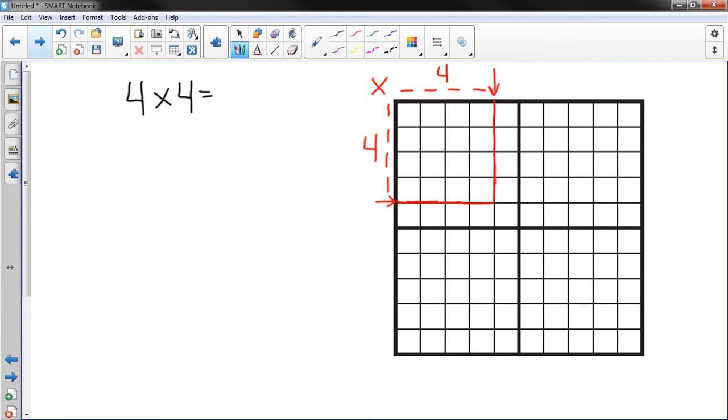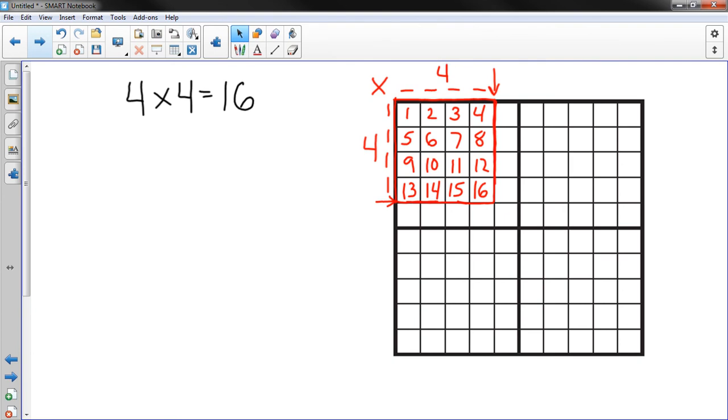So now I have a square, or a rectangle, that is 4 by 4. And my answer is literally inside there. I just got to count those. 1, 2, 3, 4, 5, 6, 7, 8, 9, 10, 11, 12, 13, 14, 15, 16. So my answer to this problem is 16. And the visual model is right there.